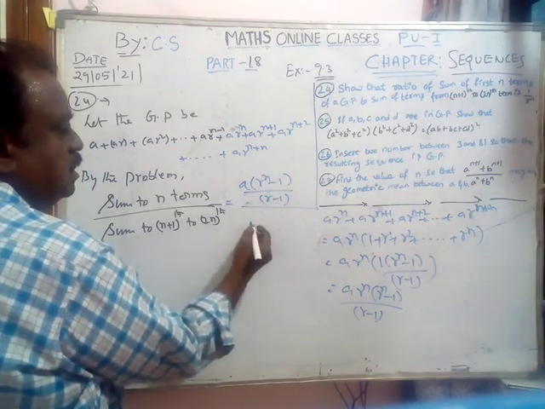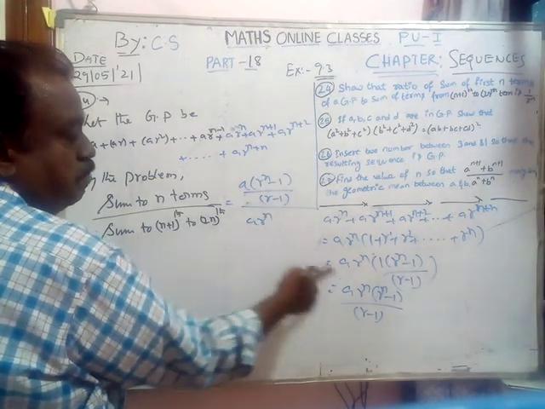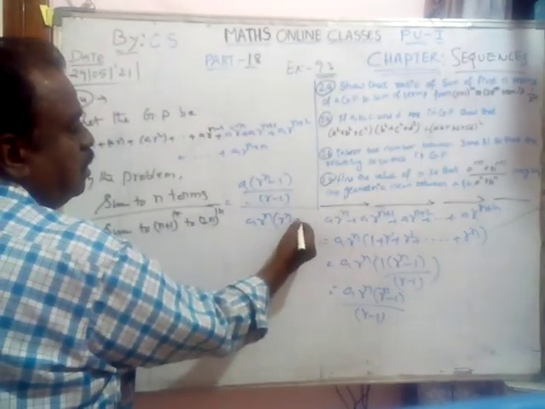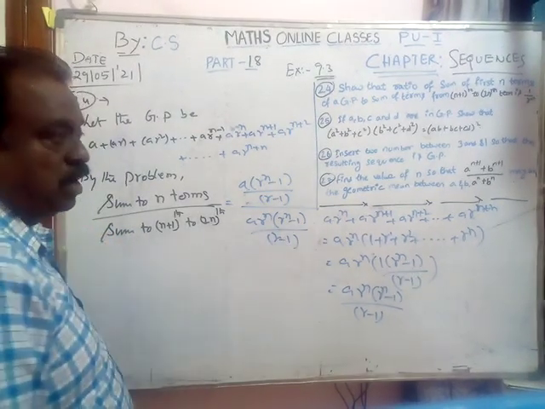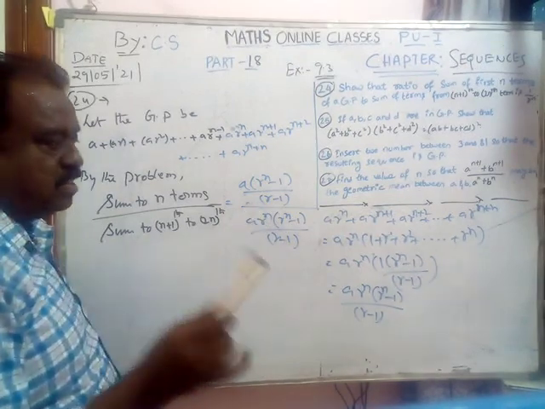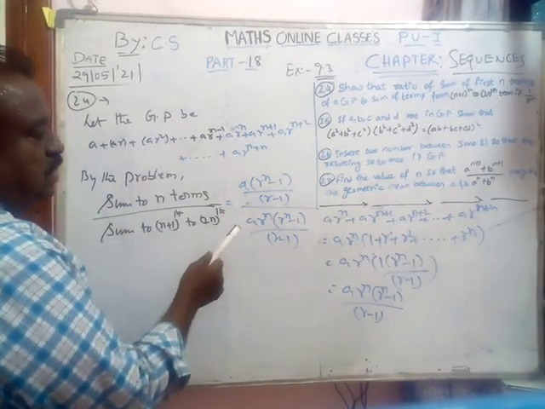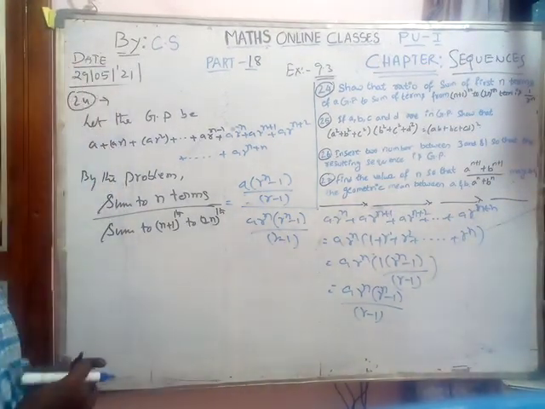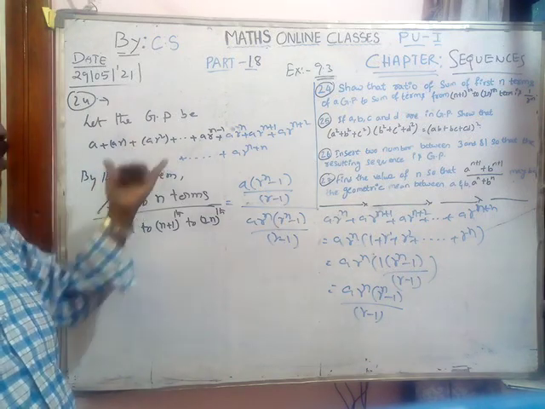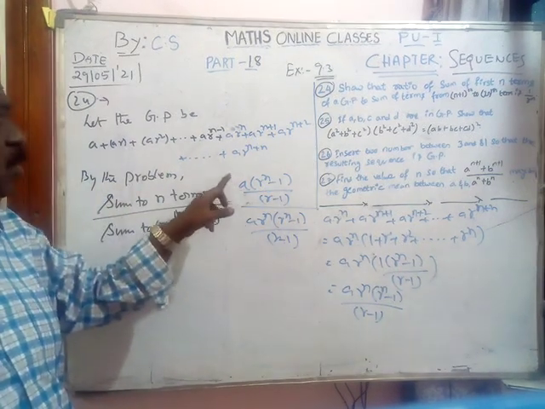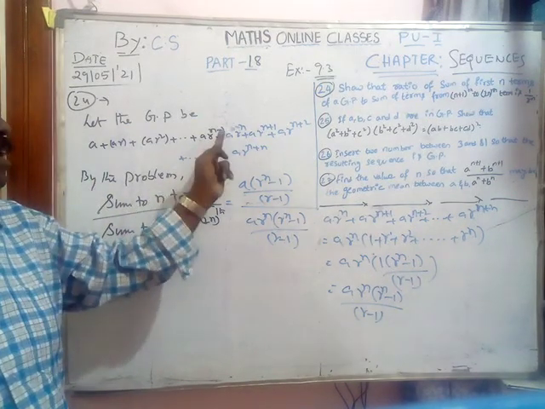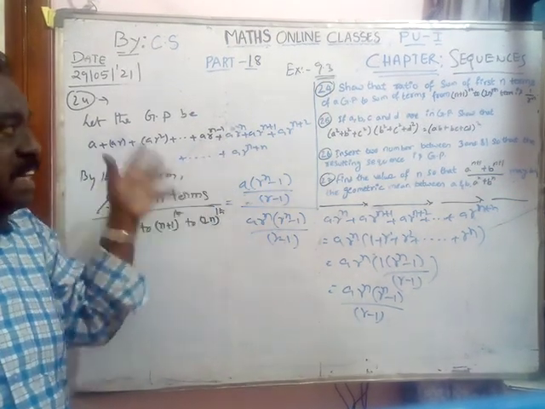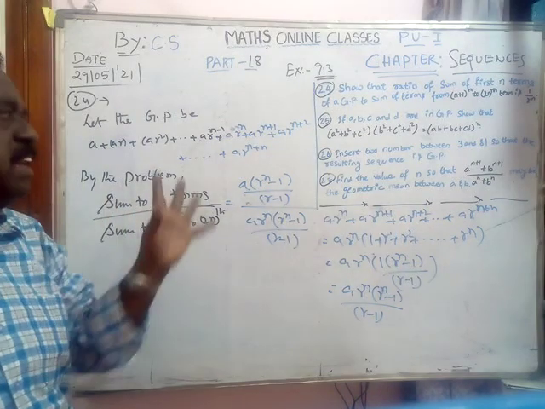But here it is a r power n of r power n minus 1 by r minus 1. Okay na? Extra is r power n is common. Don't confuse. Here the first n terms series sum is a formula, no doubt at all. It is n terms of GP, which are in black letters. Here the blue letters are the next n terms of GP. Very simply, next n terms.